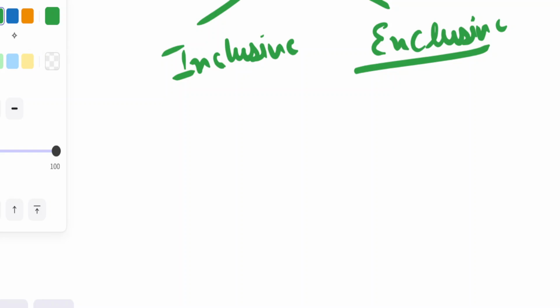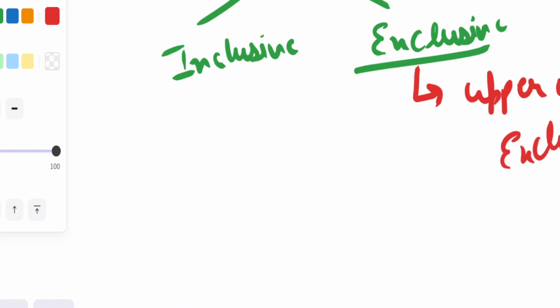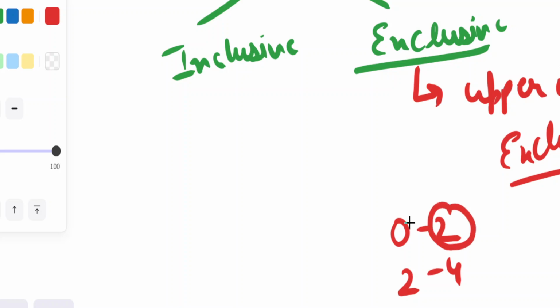Okay, so exclusive is the one where the upper limit is excluded. Like if I'm talking about intervals from 0 to 2 and 2 to 4, here 2 is excluded from the first interval.